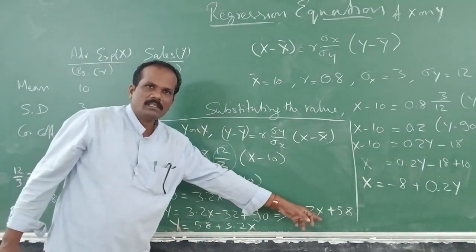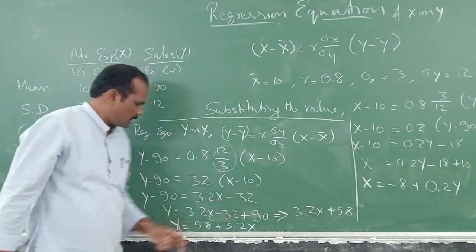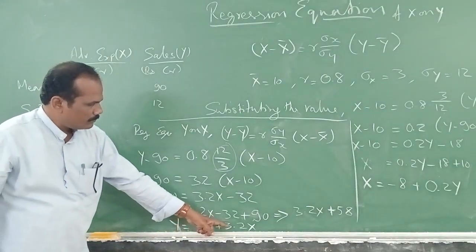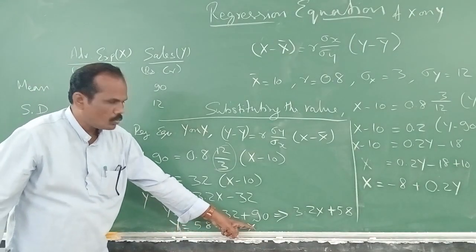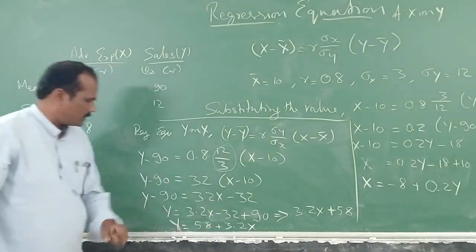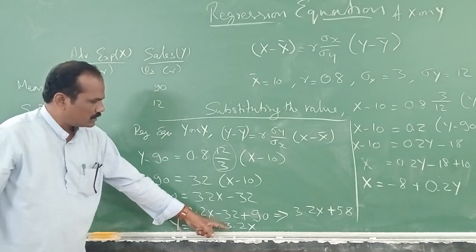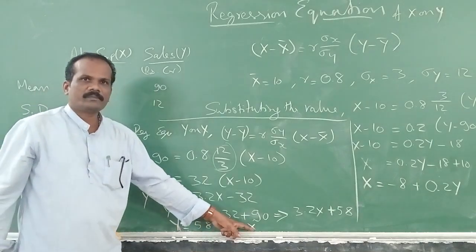And that one I have written in the form of an equation, right? y is equal to 58 plus 3.2x, sorry, y is equal to 58 plus 3.2x, right?